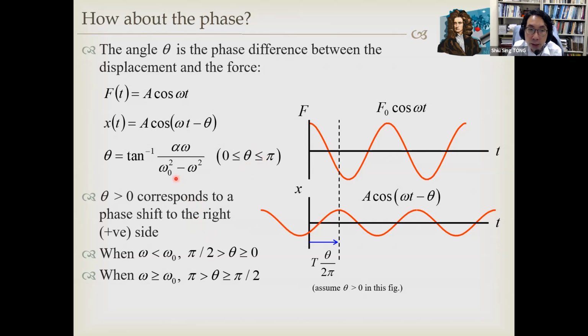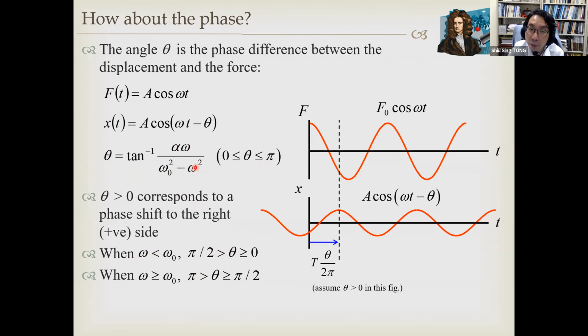Now let's consider the situation when omega is smaller than omega naught. When omega is smaller than omega naught, then this quantity is larger than 0, right? The argument inside the arctangent is larger than 0. And that means the angle theta is smaller than 90 degrees, because the arctangent of something that is larger than 0 means the angle is smaller than 90 degrees.